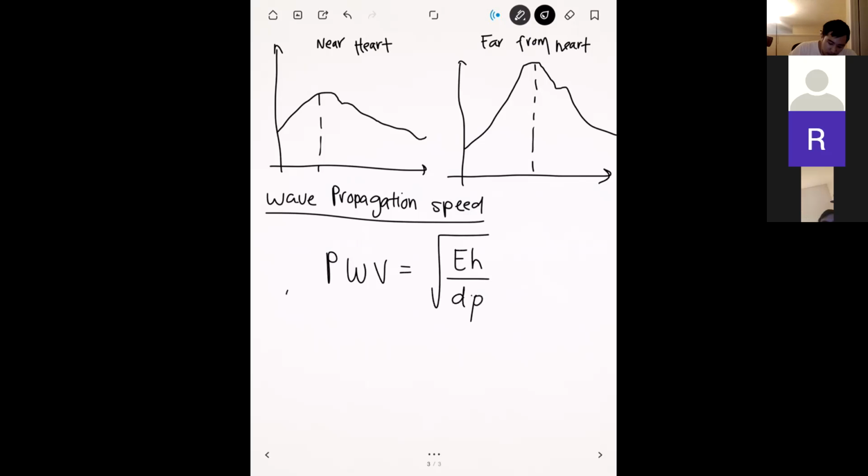And then all of these variables are labeled by the following. Okay, so PWV stands for pulse wave speed or pulse wave velocity. Okay? And then the variables in the equation are the following. So E is your Young's modulus for the vessel wall.